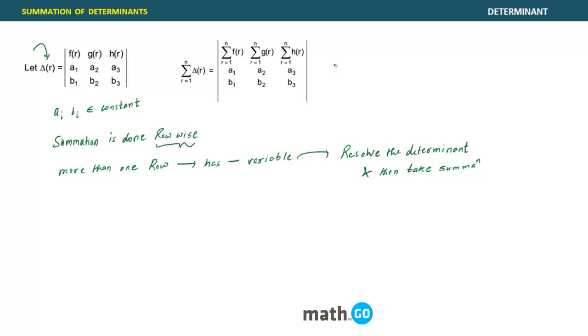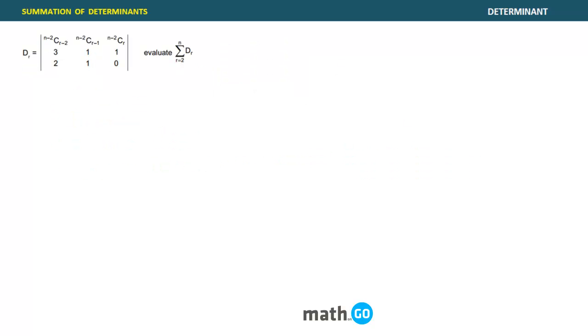So let's take a question straight away. For example, this is what you need to calculate. This is dr and you want to find summation of dr where r varies from 2 to n, right? So summation will now go directly into the only variable row you can see, which is row 1. So this is summation of n minus 2 c r minus 2, where r varies from 2 to n.